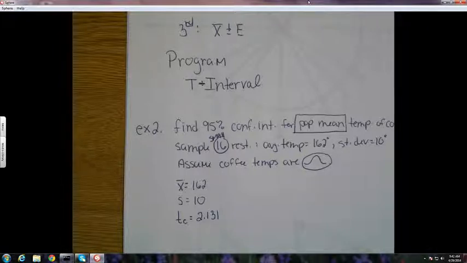Use my T table. How do you know what number it's...? Confidence level across the top.